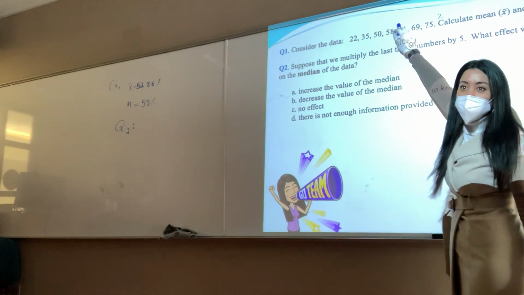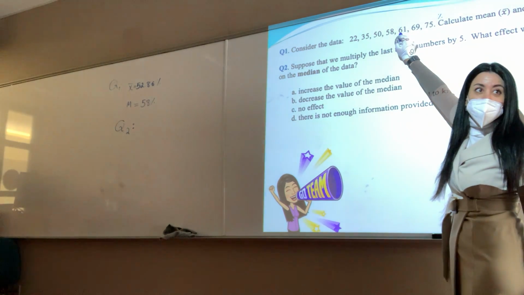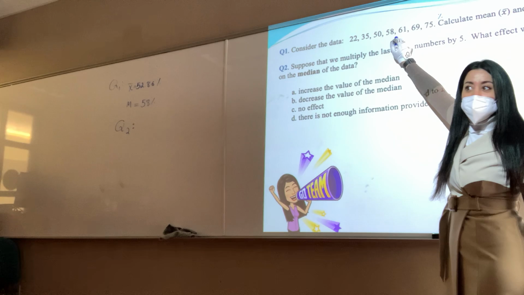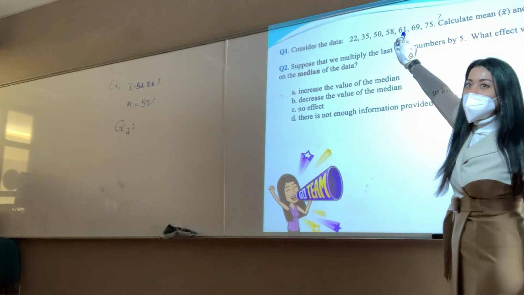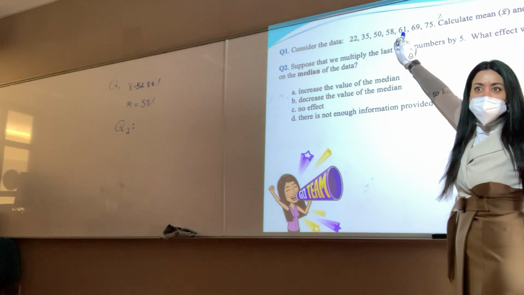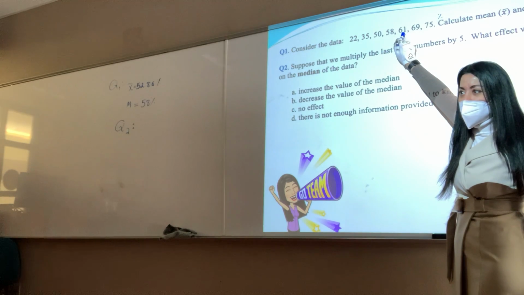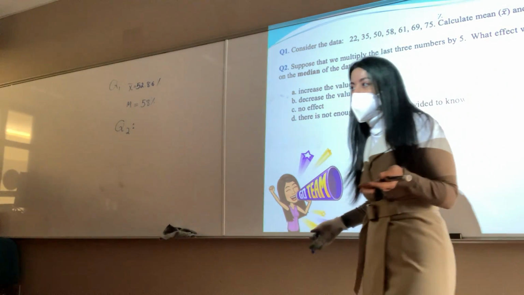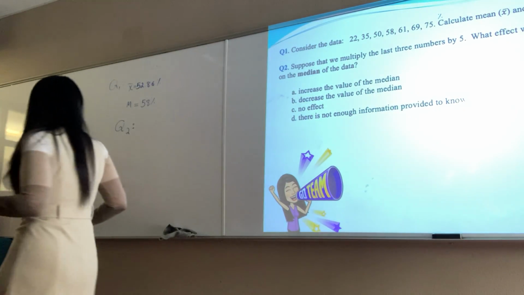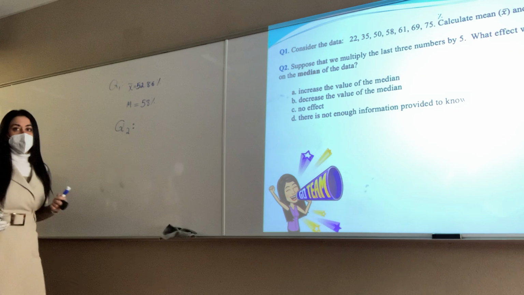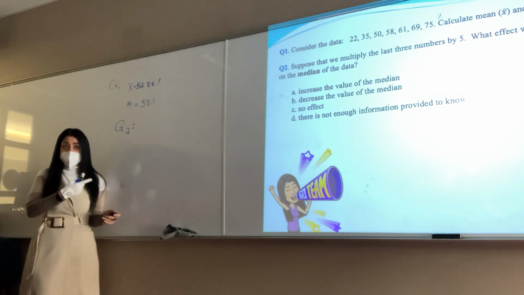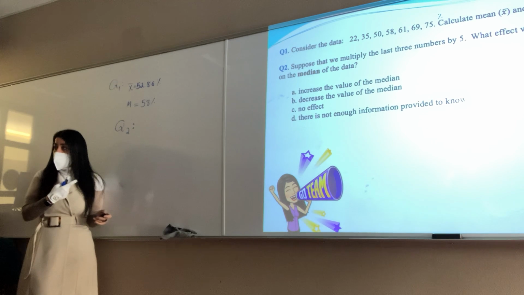Why? Because now we have two values in the middle and the average of them will be the median. The average of 58 and 61 is maybe something like 59.5, which is still so close to 58. So that's the reason median doesn't get affected by an outlier. Is this clear? Very good.